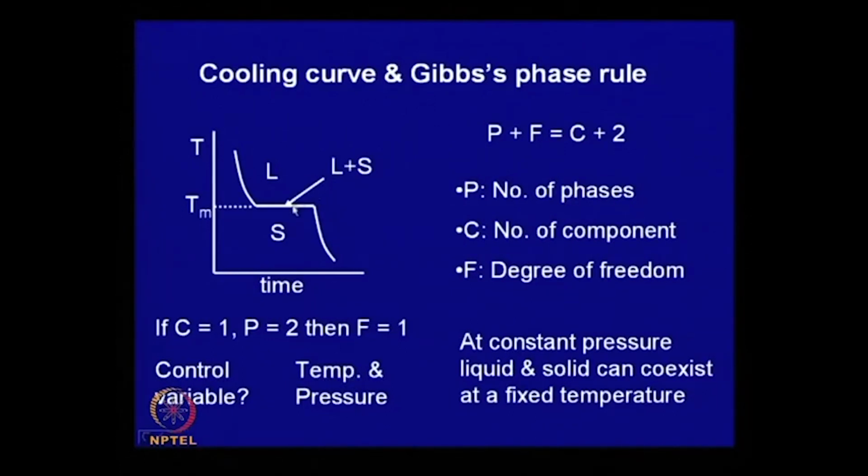Now, in this case, during the process of freezing you have two phases, liquid and solid, coexisting, so the number of phases is 2, and if you substitute here you get degree of freedom is 1, and in fact this 1 degree of freedom means it is the pressure. So, this freezing point or the melting point is fixed for any metal at a given pressure. If you change pressure, of course, this melting point can change.